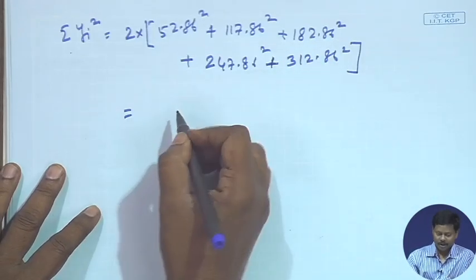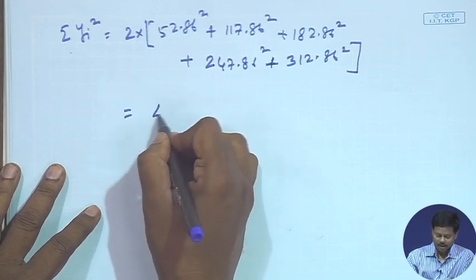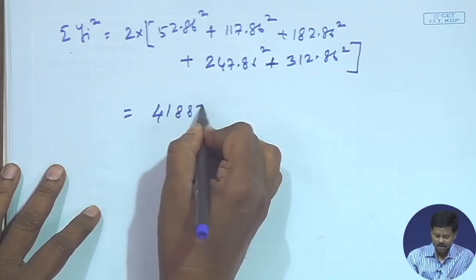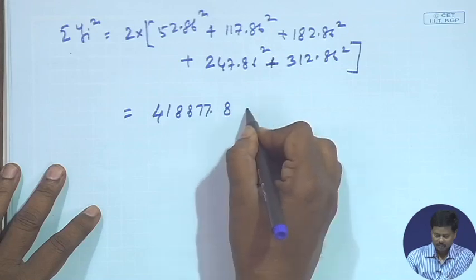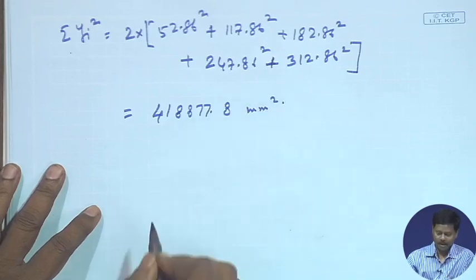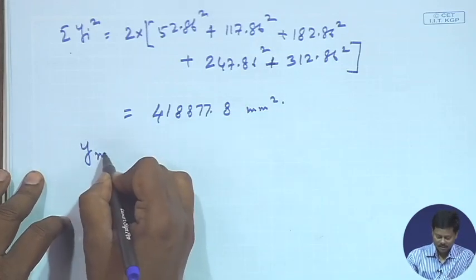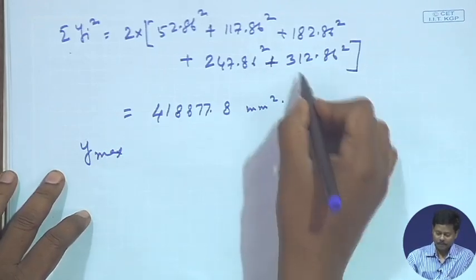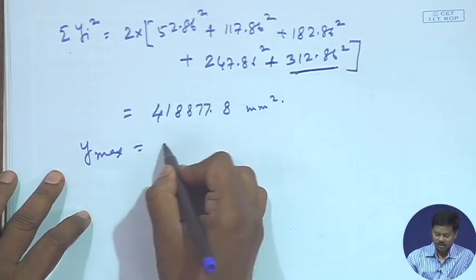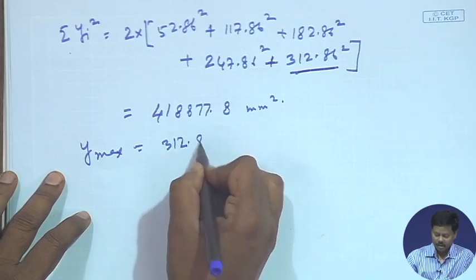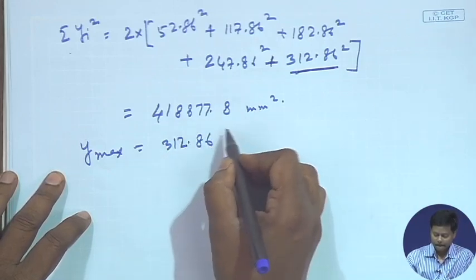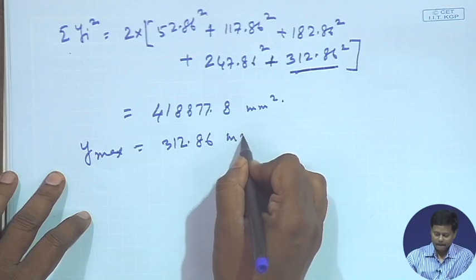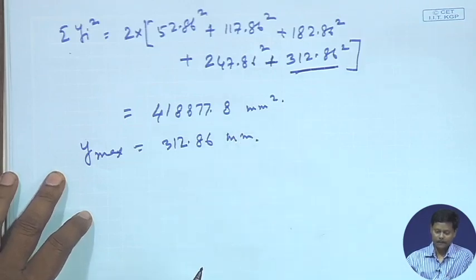So summation of yi square will become 418,877.8 millimeter square, and y max we can find out. Y max will be this one, 312.86, right.